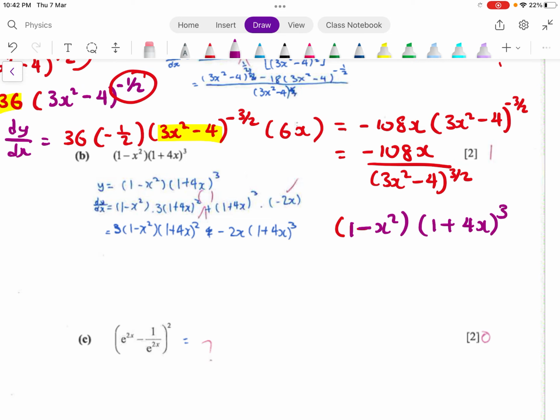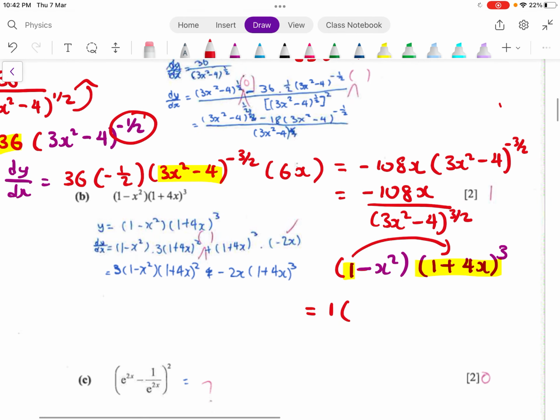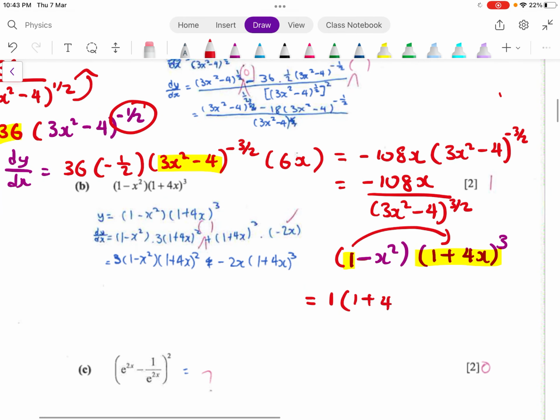So how do I actually do this without using the product rule? I can simply use a bit of expansion. This thing, you expand inside. So you will get 1 multiplied by (1 plus 4x) bracket to the power of 3.